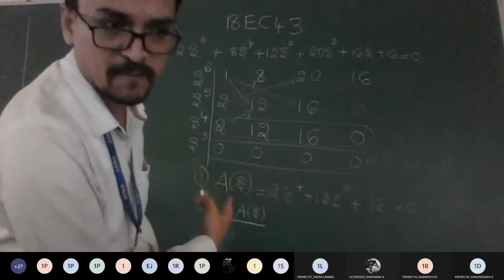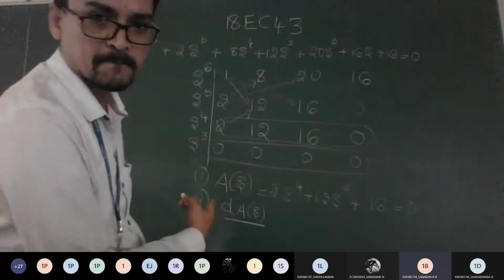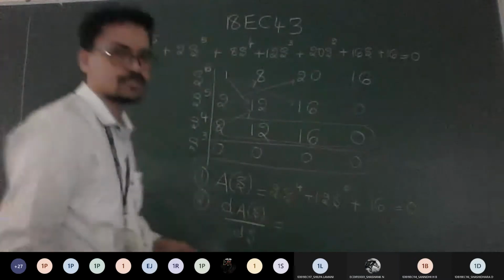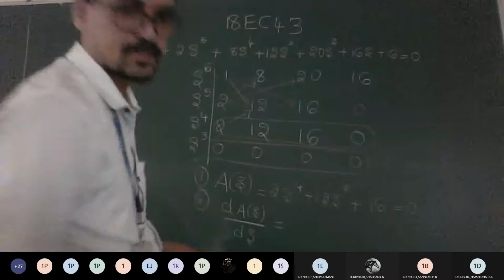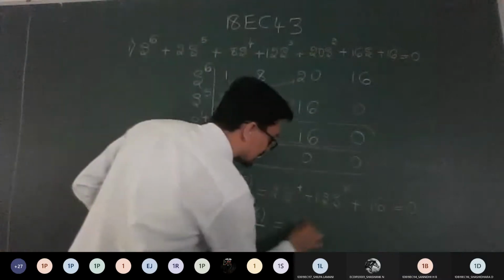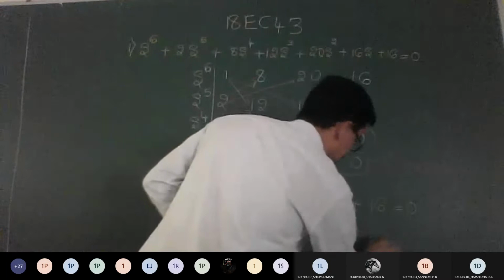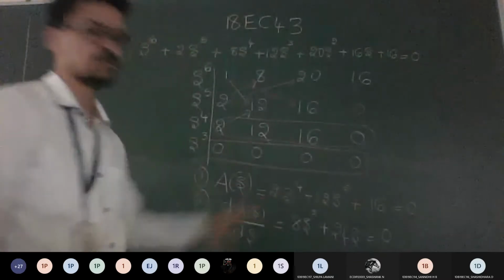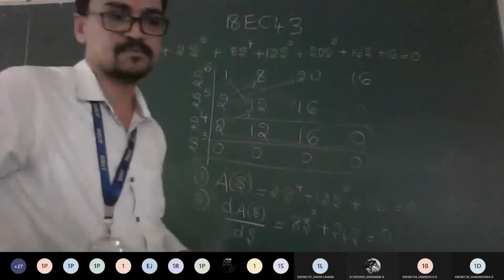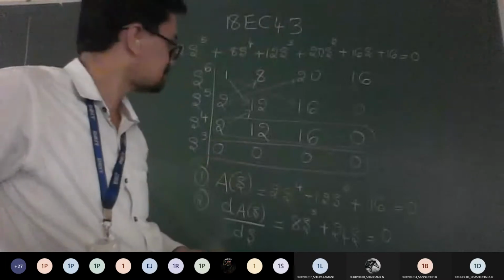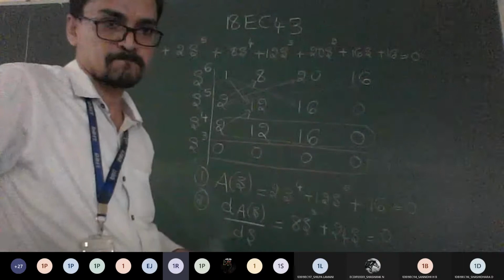So differentiation of A of S is equal to 2 into s power 4 differentiated, which is 8 s cube, plus 24 s, and the constant 16 becomes 0, equal to 0. So this is the differentiation answer. I hope everyone got till here.